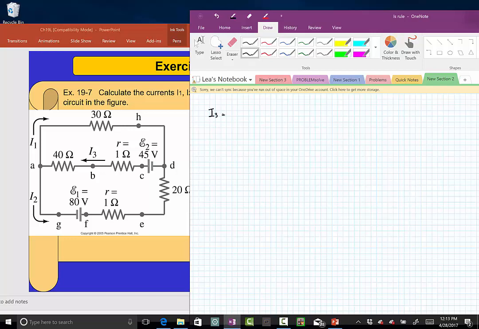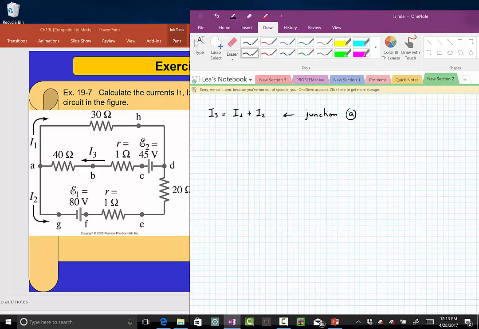I3 has to be equal to I1 plus I2. So I'm picking that junction at point A. All right, so you see that we have here 3 unknowns. So just one equation, of course, is not enough. We need 3 equations to solve, 3 equations to find I1, I2, and I3.